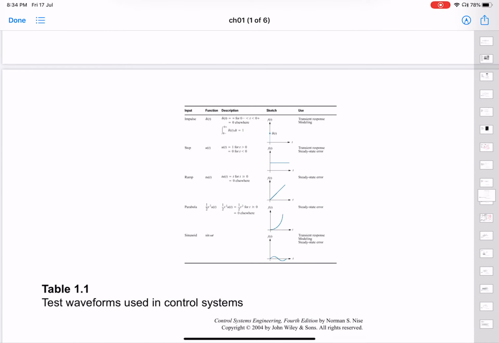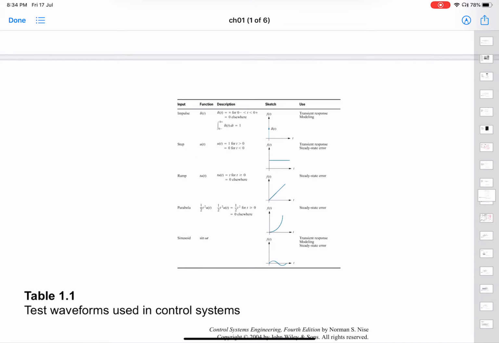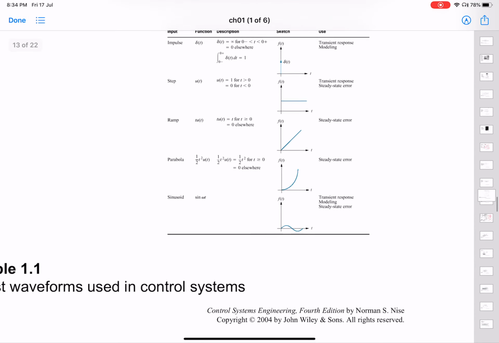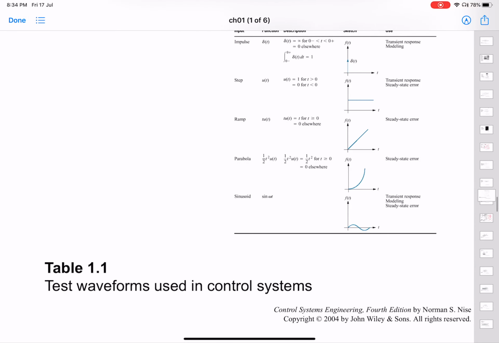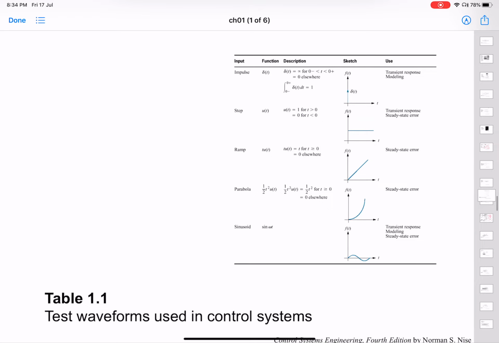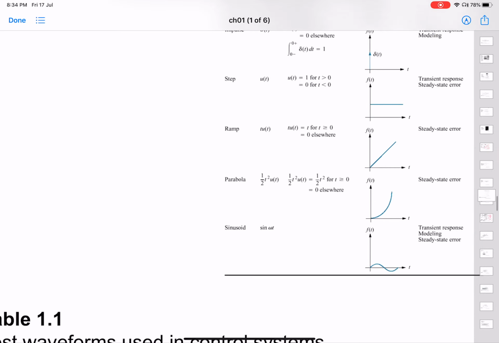Because we are always talking about inputs being processed by the system, and system output being a response to the input that is fed to the system. So there are certain test inputs that are very common in control systems that we're going to have a look at today. So here are the waveforms, right?